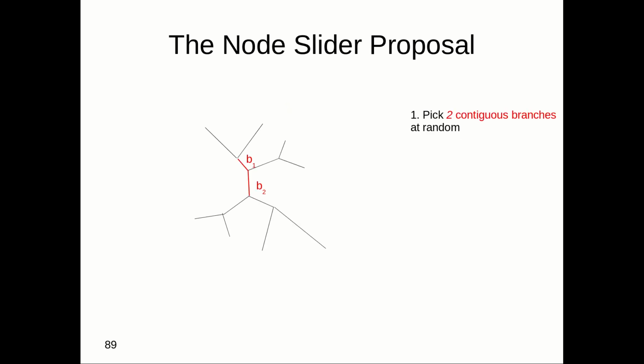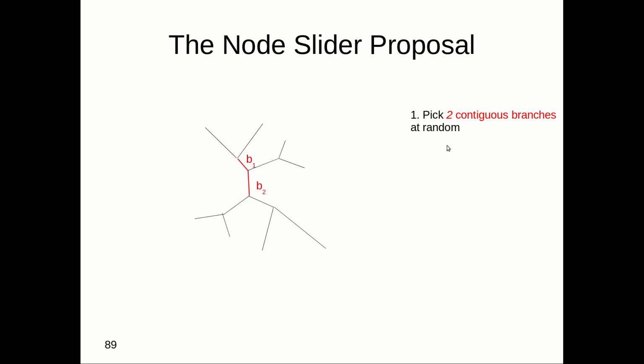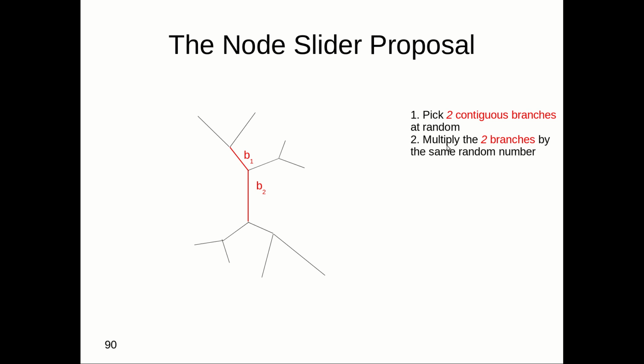Okay. Another proposal for modifying branch lengths is the so-called node slider proposal. Here you don't change the value of one branch, but you change the values of two branches simultaneously. Step one, you pick two contiguous branches at random, and then you multiply those two branches by the same random number. You can see it here, if you go back and forth. In our example, you make them longer.